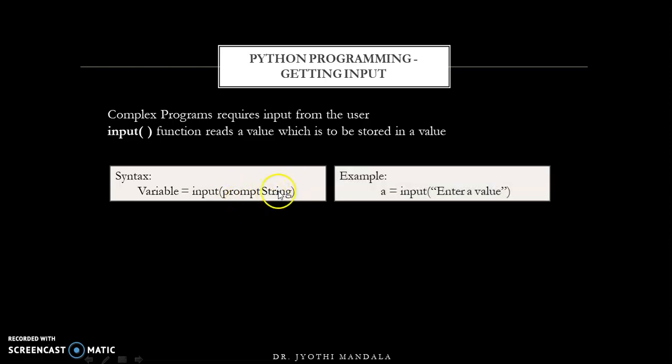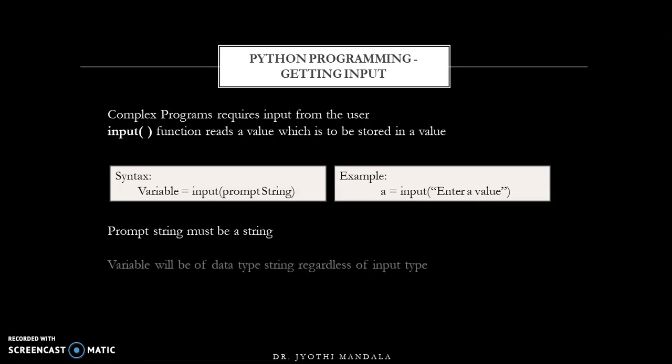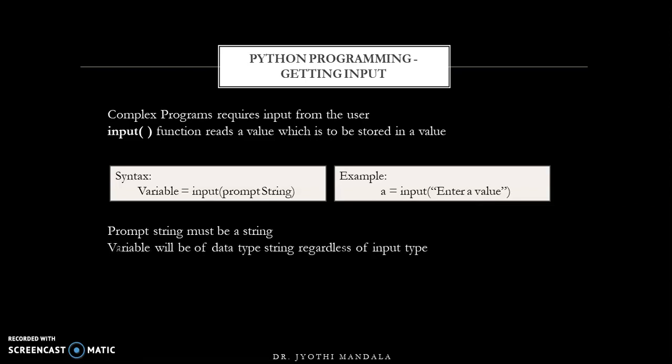As an example, I'm considering my variable as a and I'm using the input function, and within the function as a parameter I am giving a prompt string, that is, enter a value. This will be displayed at the time of executing. Right? Now the prompt string must be a string. The thing with the input function is that whatever value you give, that value will be read as a string only.